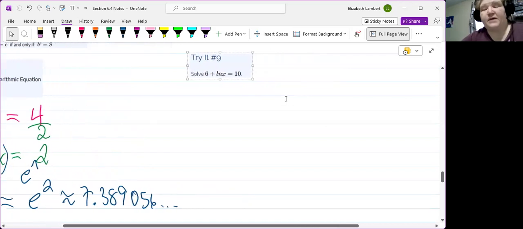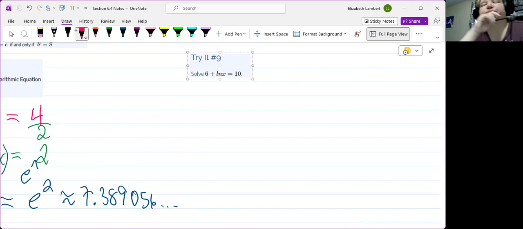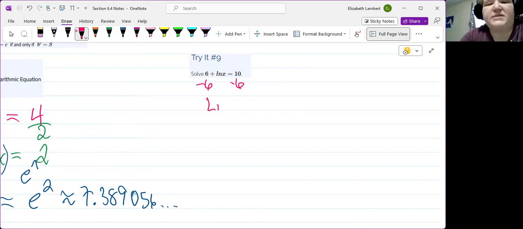All right, now we got an even shorter one. 6 plus the natural log of x. Before I can deal with the natural log, I need to deal with that 6, so minus that on both sides. And now I have the natural log of x equals 4.